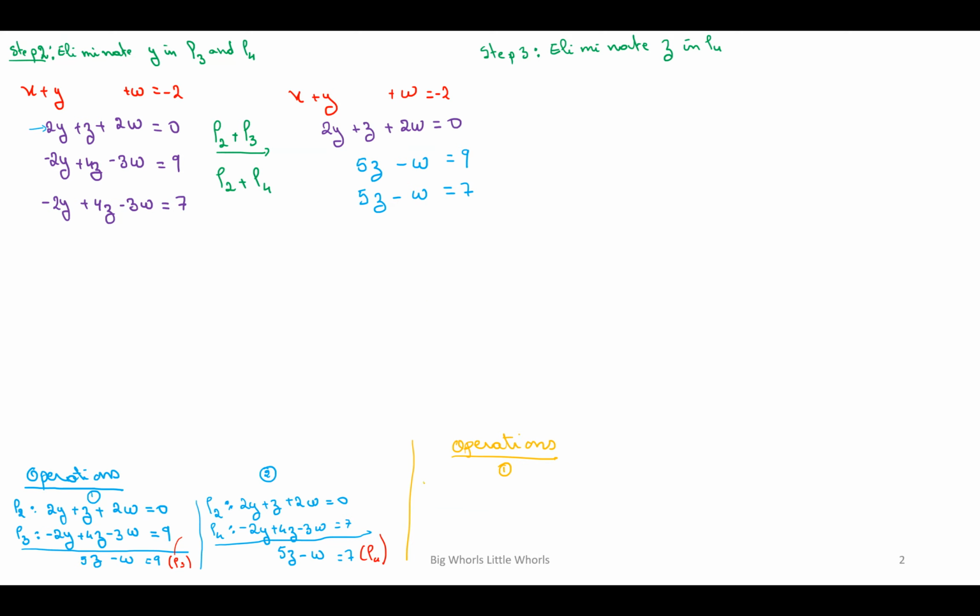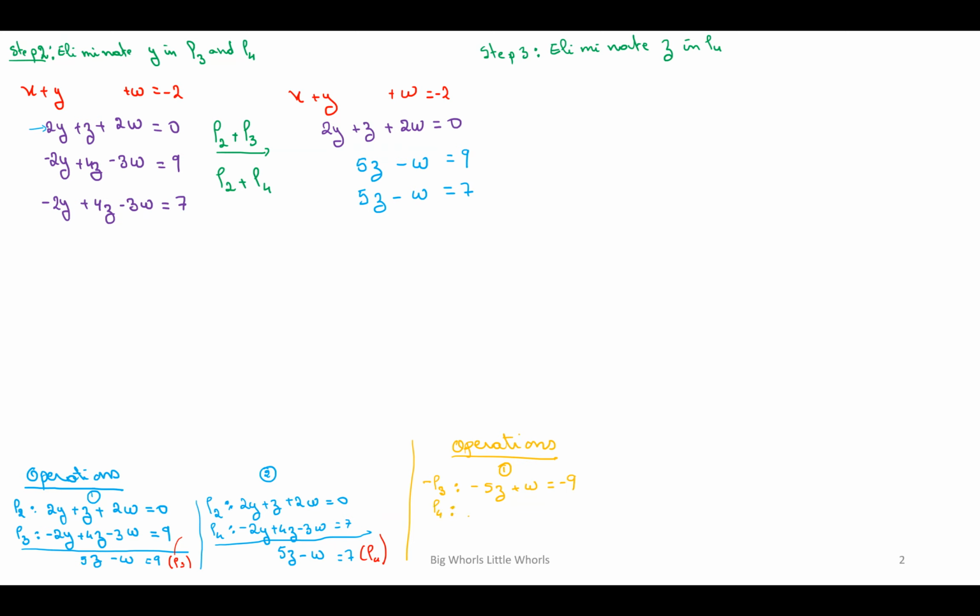So how do I cancel 5z is to multiply the third row by minus 1. So minus row 3, which is minus 5z plus w equals minus 9, and row 4, I just recopy.